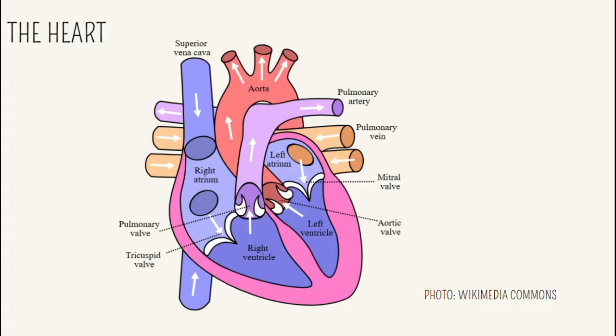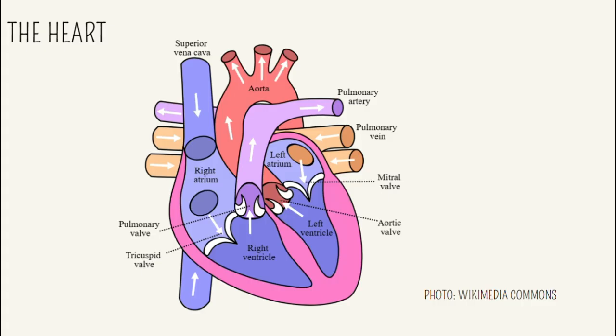Alright, so this is just the diagram of the heart, showing the different parts of the heart, right? And we will soon discuss what is happening with everything right here. But just to get an idea, look at all the different parts. We have the superior vena cava, we have the right atrium. It would be very good if you can draw this and know the different parts on it.